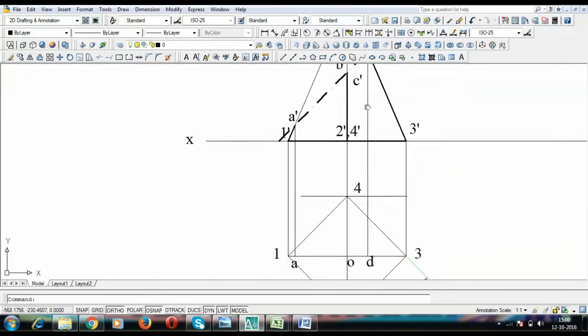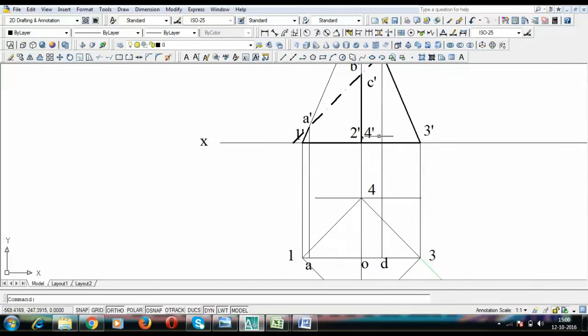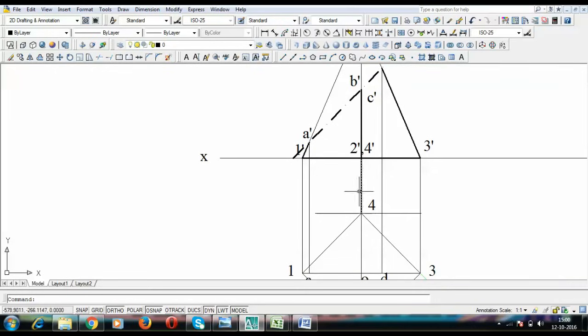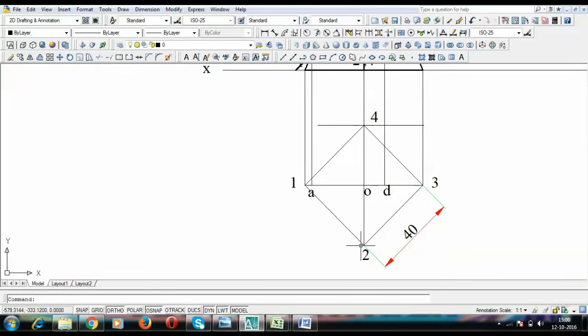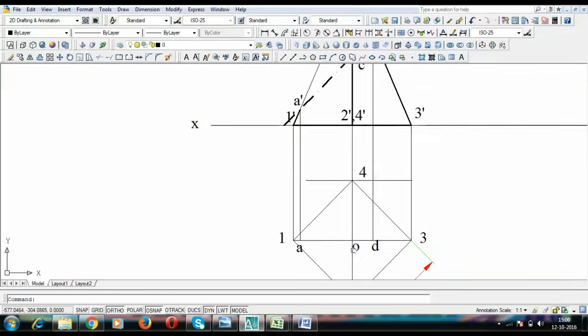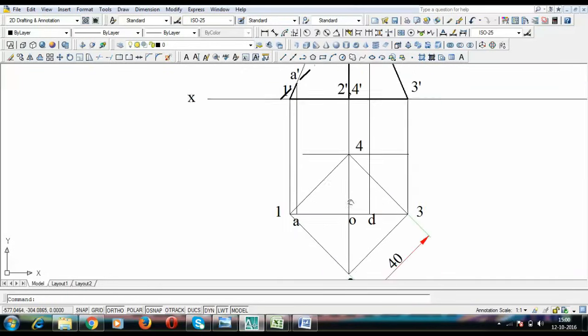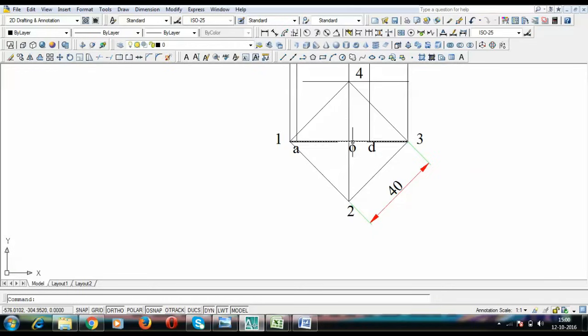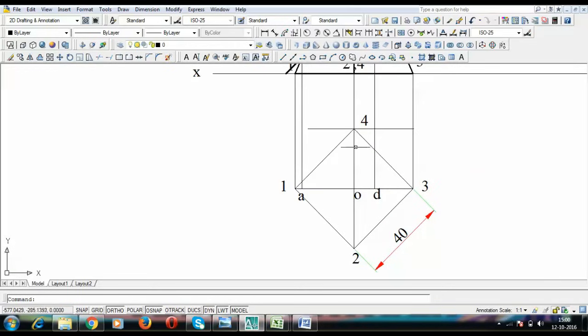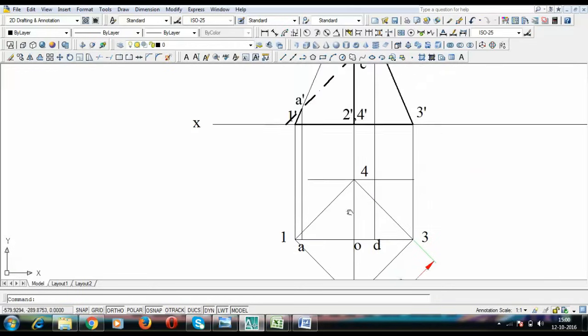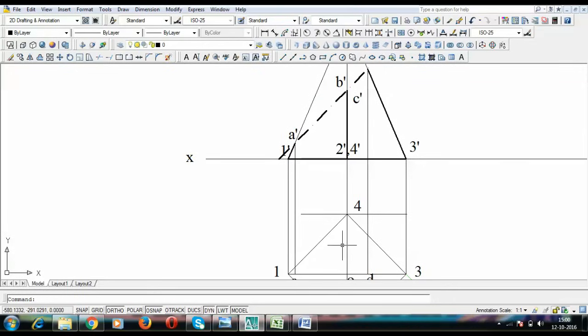Now the issue is, if I extend a line from here, it does not cut anywhere. In order to locate point B and point C, point B is going to lie somewhere here and point C somewhere around here, along this line O4. So we have a small solution towards this.